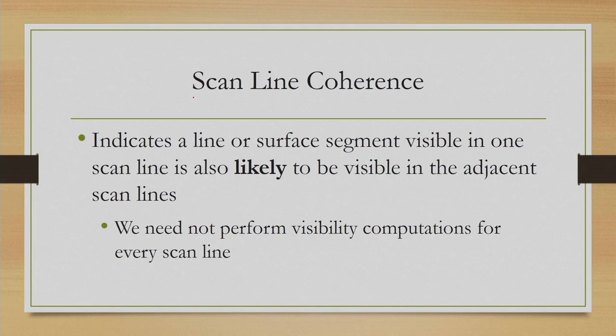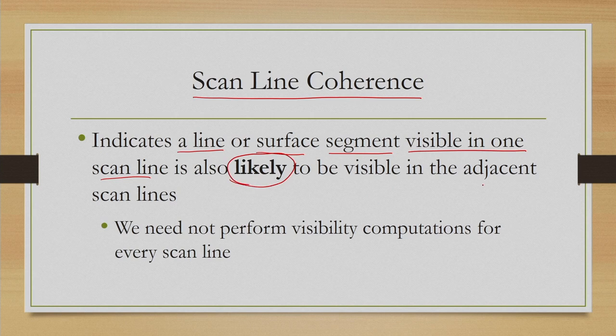Then comes scanline coherence. What it tells? It implies a line or surface segment that is visible in one scan line is also likely to be visible in the adjacent scan lines, and we do not need to perform these visibility computations for every scan line. So, we do it for one scan line and apply the result for adjacent scan lines.